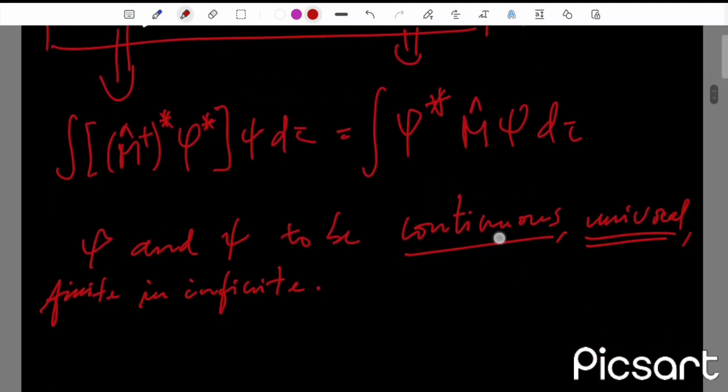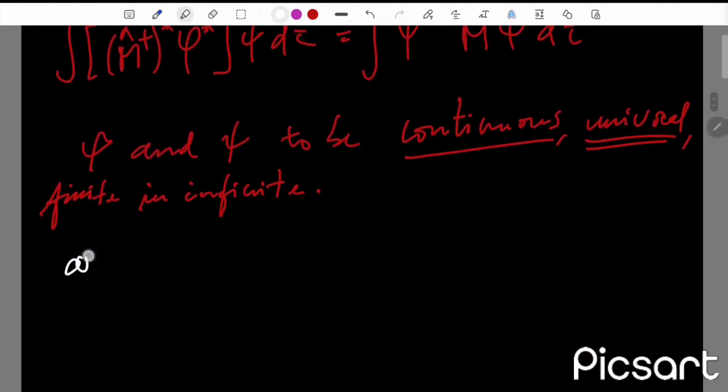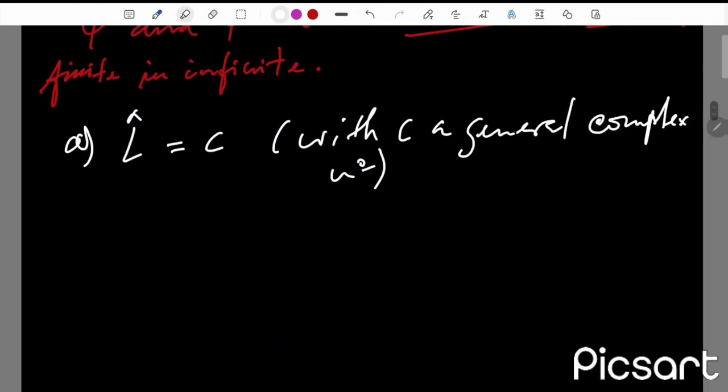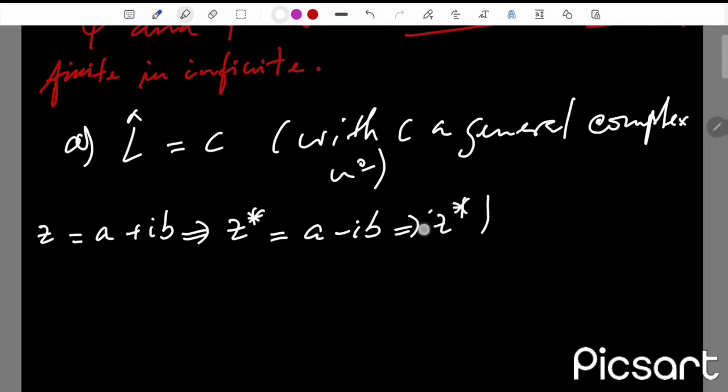For beginning, we have now L equal to C, with C a general complex number. And we know that if we have a number z written as a plus i times b, then its complex conjugate is equal to a minus i times b, and if we take the complex conjugate of the complex conjugate, we go back to the z number.